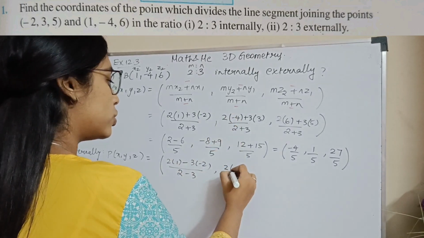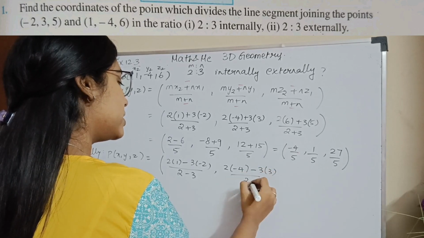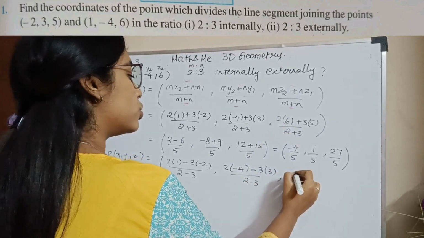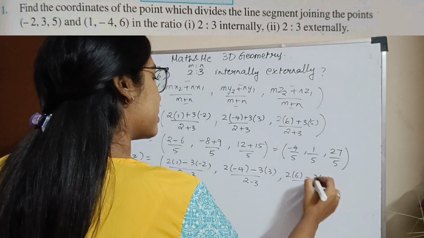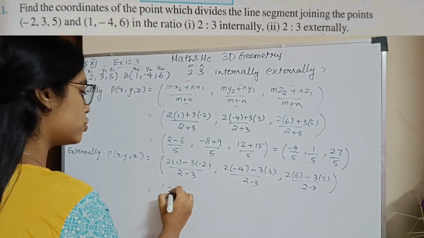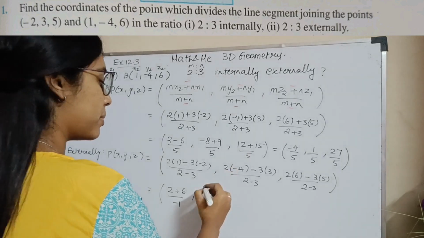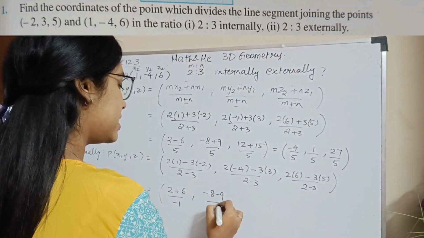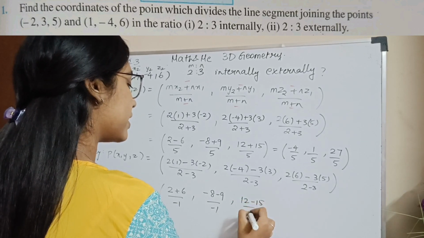How will this look? 2 times minus 4 minus 3 times 3 divided by 2 minus 3, 2 times 6 minus 3 times 5 divided by 2 minus 3. So what will this become? 2 minus of minus 6, which is 2 plus 6, divided by minus 1, minus 8 minus 9 divided by minus 1, 12 minus 15 divided by minus 1.